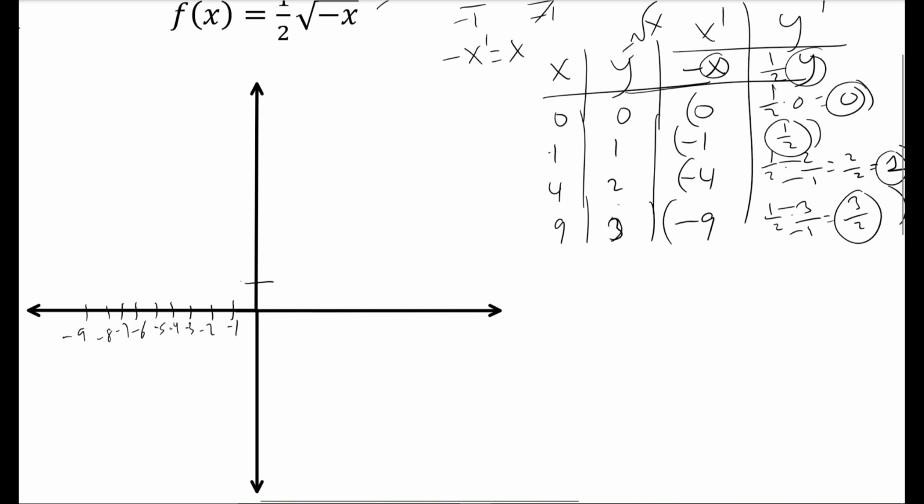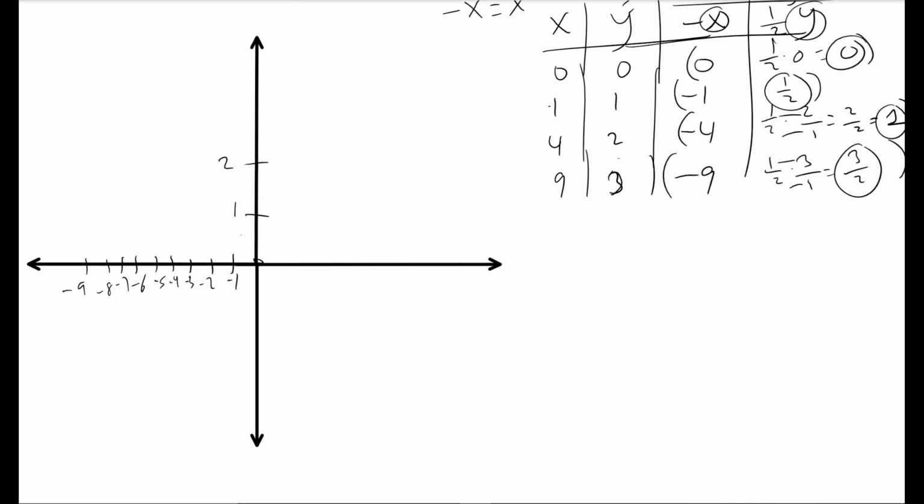Okay, so when we have 0, 0, we have negative 1 and then a half. We have negative 4 and then 1. We have negative 9 and then 3 halves. 3 halves is just 1 and a half. So negative 9 and 1 and a half.